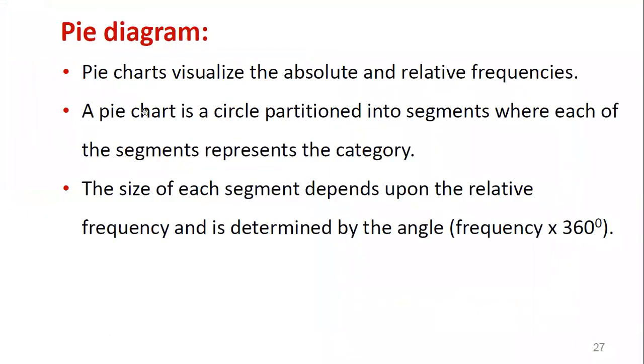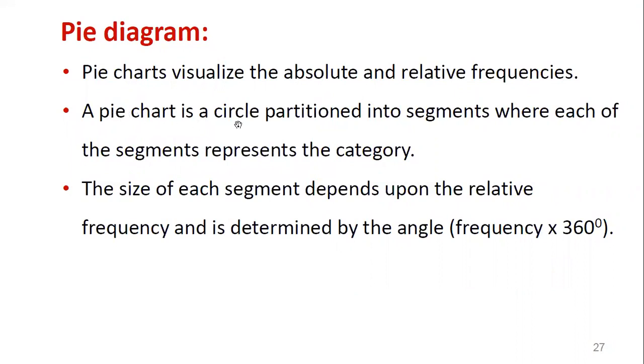Then we will move to the next one, the pie diagram, the second graphical tool. Pie charts visualize the absolute and relative frequencies. Both the bar plot and the pie diagram, and even other graphical tools, take absolute and relative frequencies only.